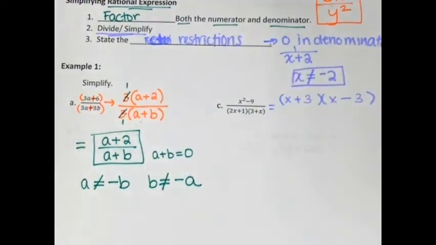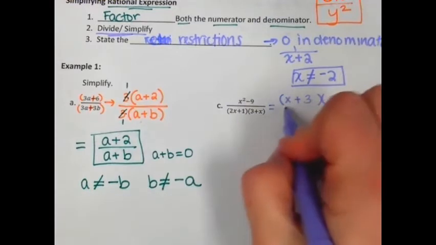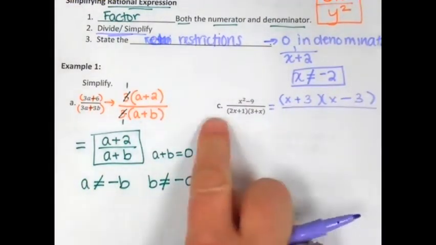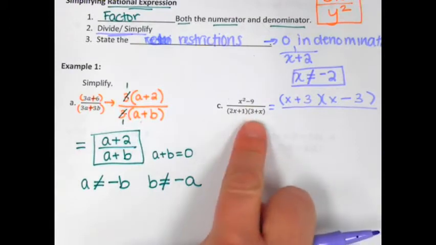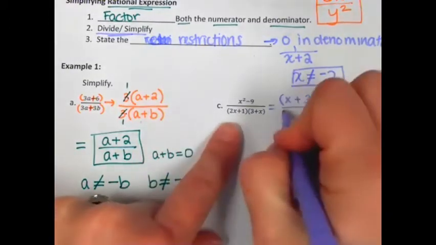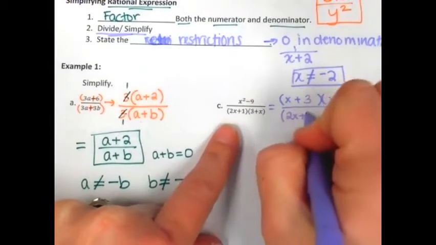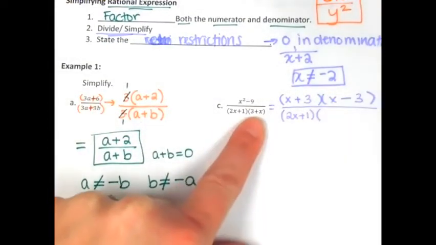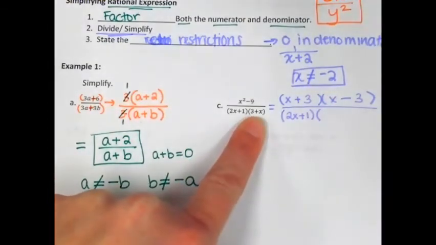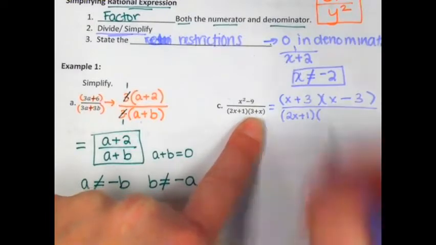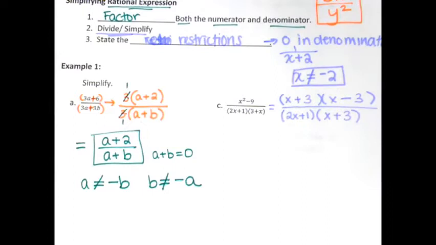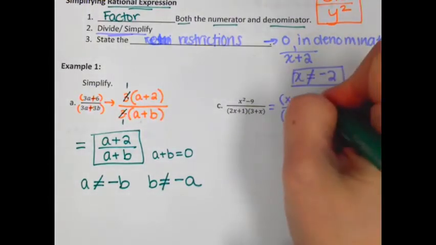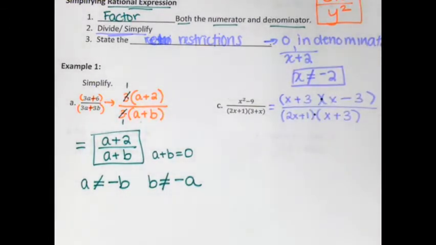Okay. Now, what do we notice about my denominator? It's already factored, isn't it? So can I factor that anymore? No. So I'm going to write 2x plus 1 times, can I go ahead and switch 3 plus x to be x plus 3? Yeah. All right. So is everyone okay with that? Now, because these 2 quantities are multiplication, am I allowed to simplify?